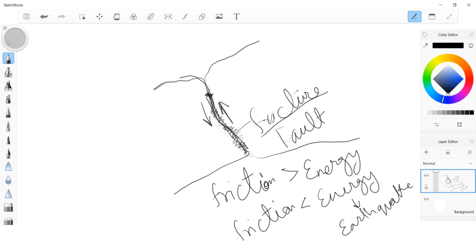So that is the fundamental about earthquake, that it occurs around this transform plate boundary, where the two plates are trying to slide against each other, but they could not slide due to friction, and the longer it takes for them to release this energy, the stronger the earthquake will be whenever that energy is released.